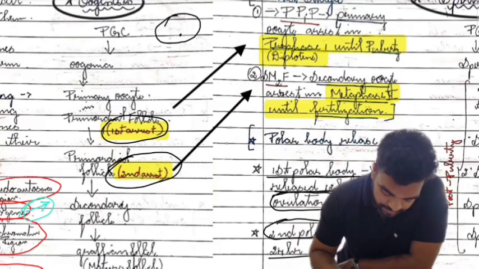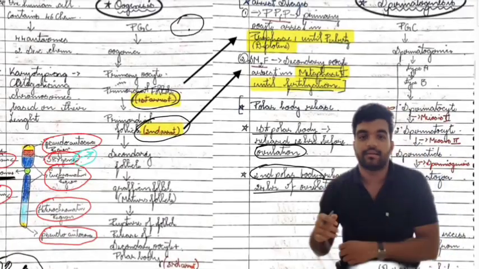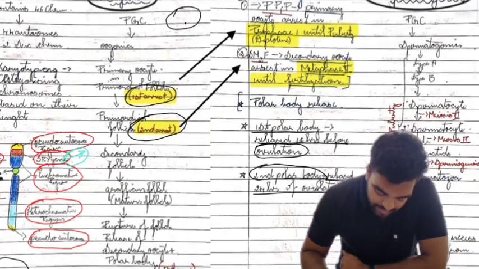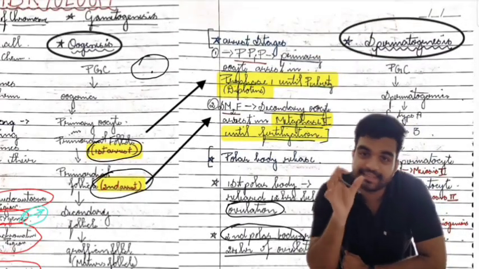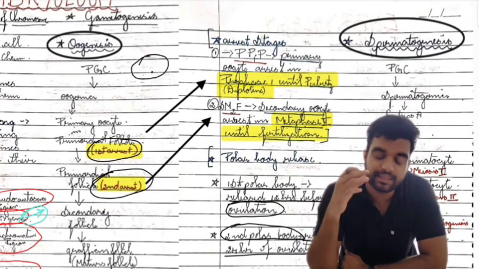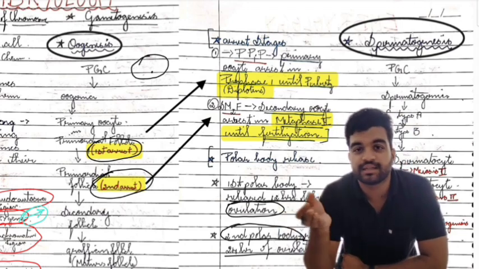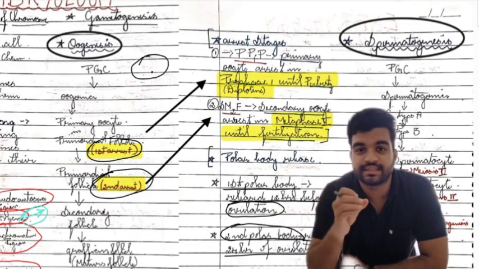You need not worry about the steps of oogenesis because you would already have learnt them in your 11th and 12th. Let us discuss more about where the arrests in oogenesis take place, because that is where the problems occur and that is where new technologies like IVF have been developing.